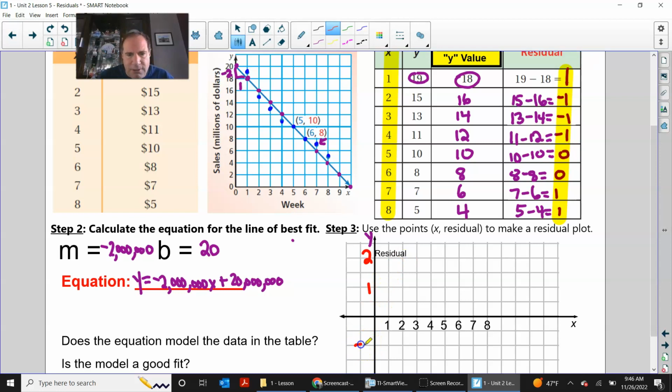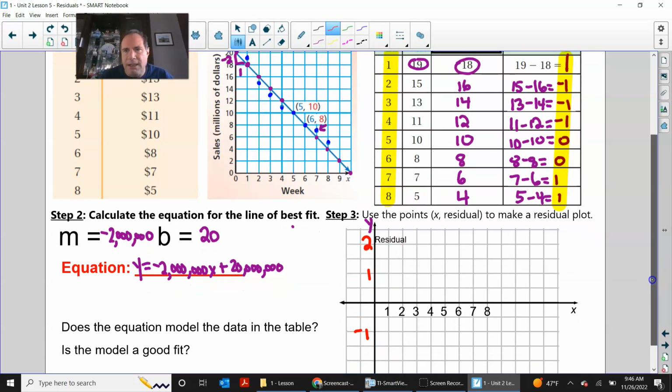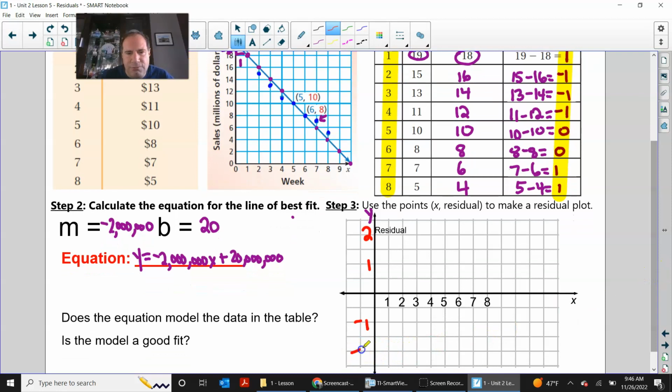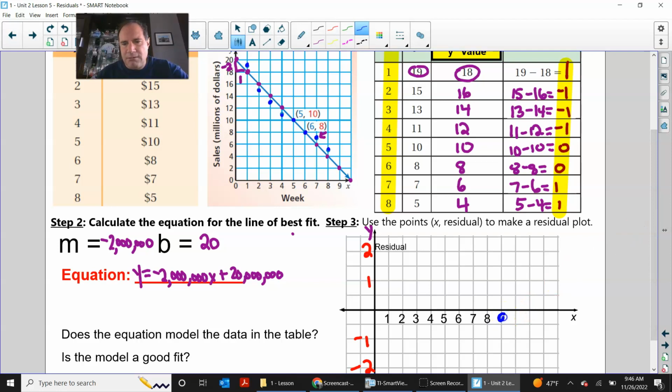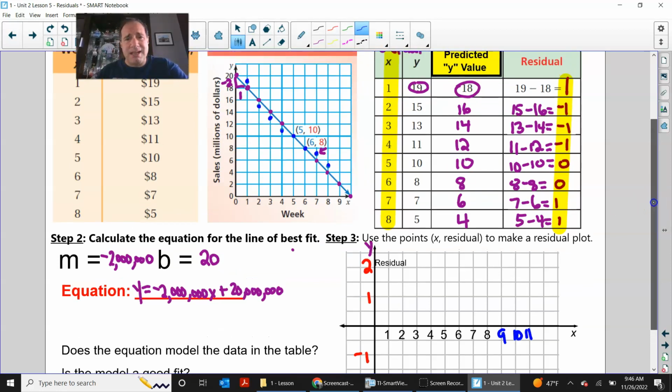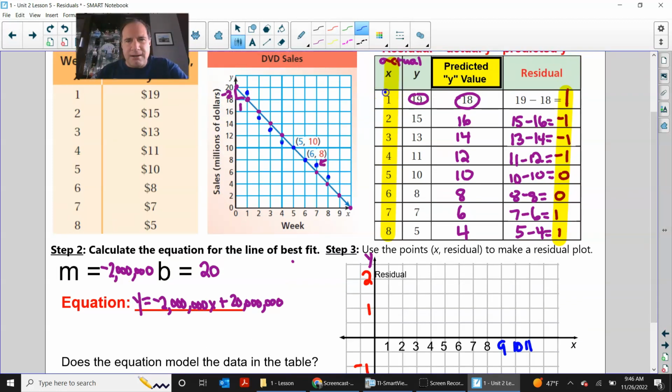So I'm just going to put -1 here, and I'm going to go to -2 here, even though I'm not going to go above and below that much. This could be 9, 10, 11 if you went up that way on the x-axis, you would continue by 1s. But this x-axis is only going up to 8. So the actual x that I'm going to plot is 1, and then the residual is 1. So 1, 1 would be right here.